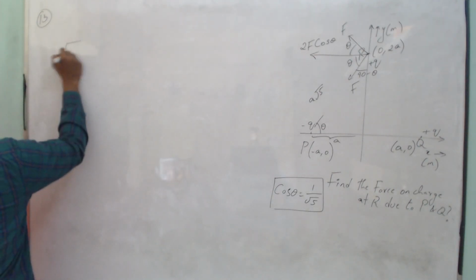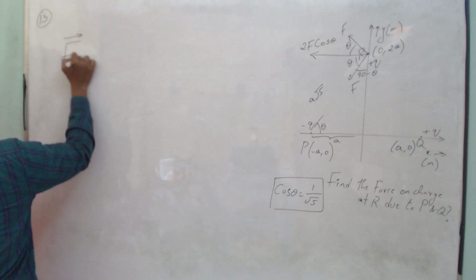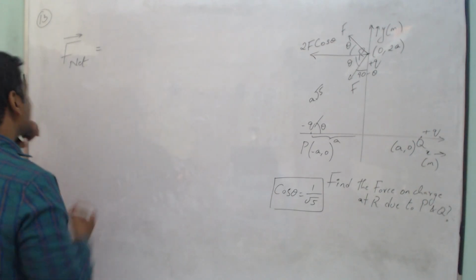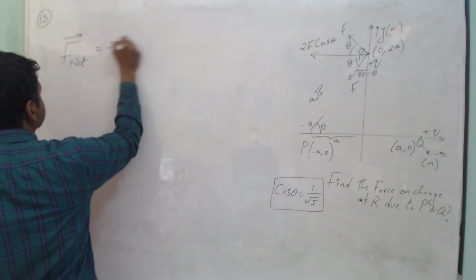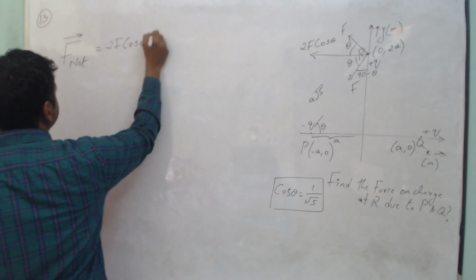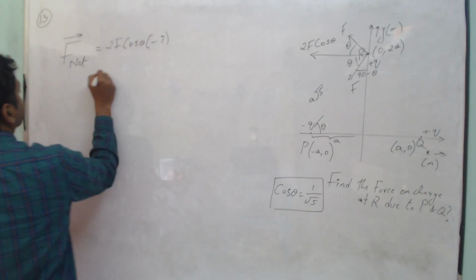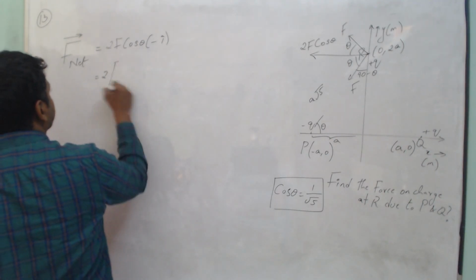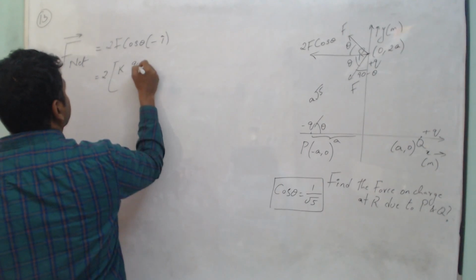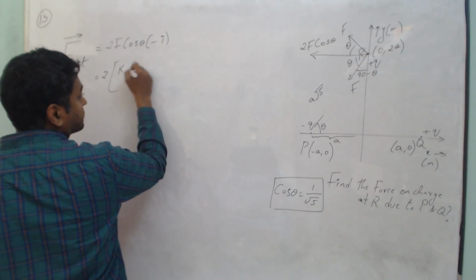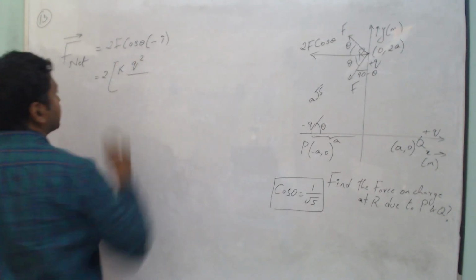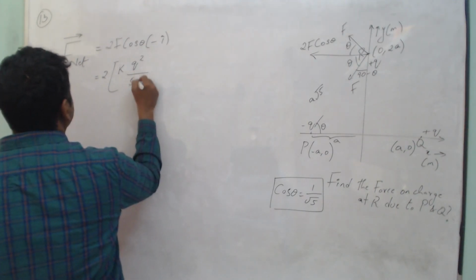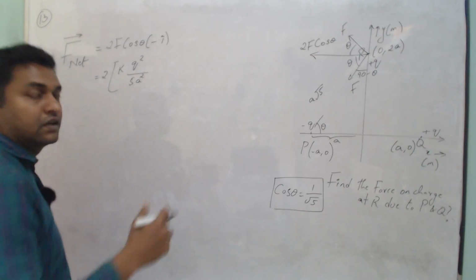Now let us go for the final answer. We will get the vector resultant of all the forces: magnitude is going to be 2F cos theta, and direction is going to be minus i cap, correct? Now what is F? F is K Q1 Q2, so the charges are same, so Q square divided by root 5a whole square.